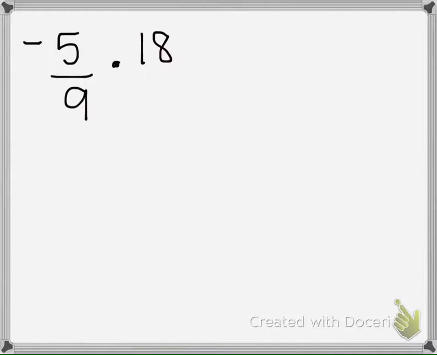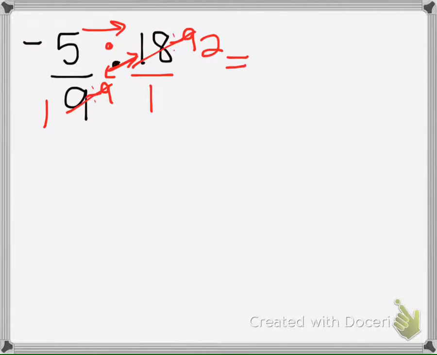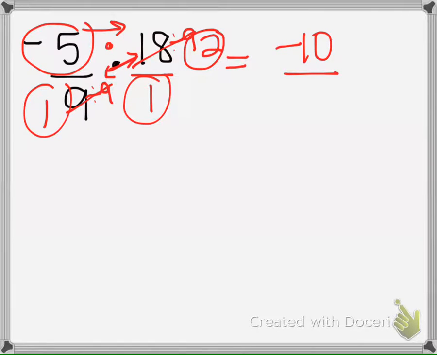So what's happening when you're multiplying the first two here together is that when you multiply with fractions, you can cross-simplify, and 9 goes into both of these, so you can cross-simplify diagonally like this, and this is going to become a 2, and this will become a 1, and then you multiply straight across, and you get -5 times 2 is -10, over 1 times 1 is just 1, so you just get -10.